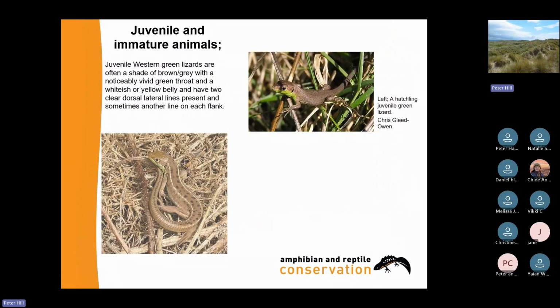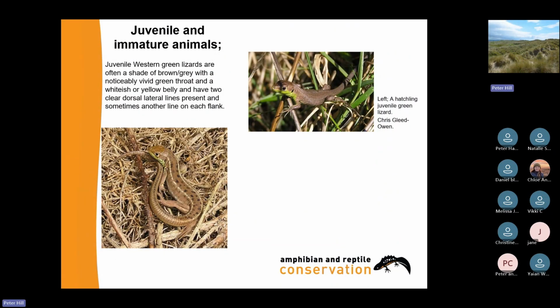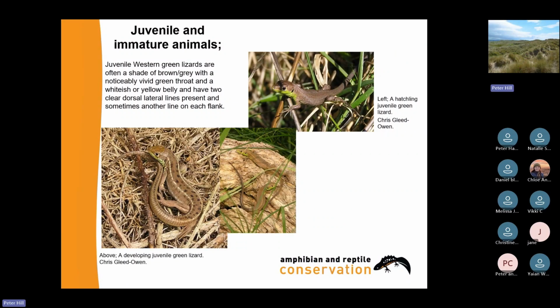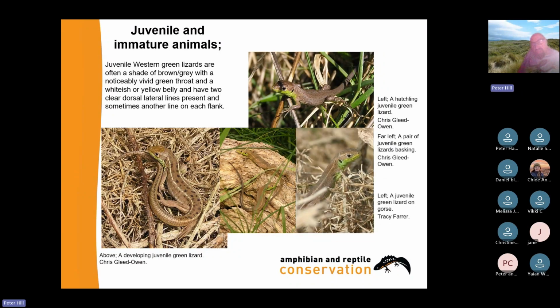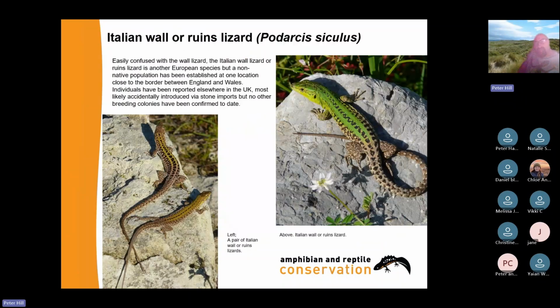Juveniles have got that distinctive green throat, but they can vary from being pretty plain looking, brownish grey, to the two stripes, as you can see. Obviously, much bigger than our juvenile lizards. They look like almost common lizard, adult common lizard size, not far off.